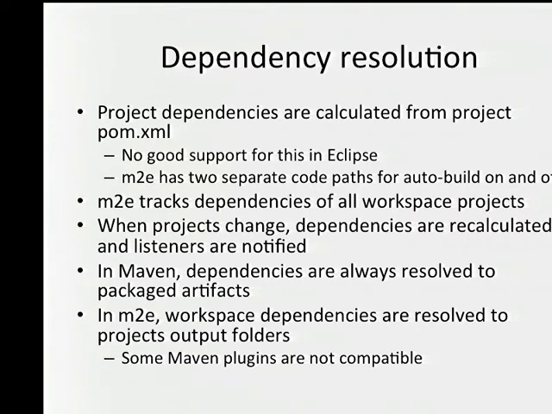So this works for many existing Maven plugins, but some Maven plugins still expect to get a jar file as a dependency, and they basically throw an exception that says they cannot unzip this directory, for example.